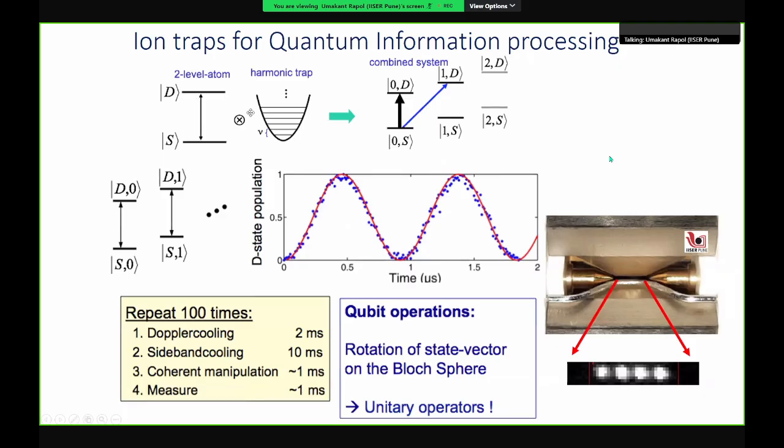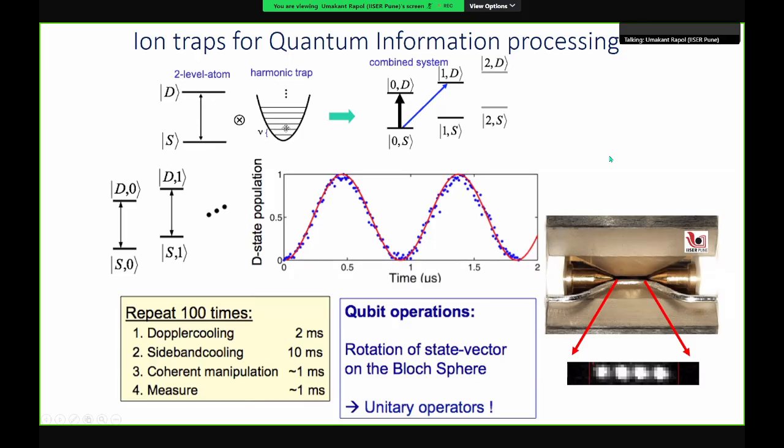Once you have this ion in the trap, which is this harmonic oscillator potential, there will be motional energy levels in this harmonic oscillator potential, which have very well defined separation. And this separation is basically given by those radial and axial frequencies that I showed you in the beginning, of the order of a few megahertz. Whereas the line width of the excited state of the atomic transition is less than a hertz.